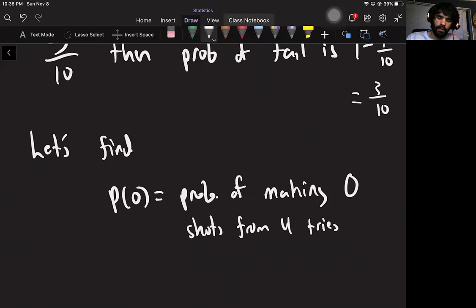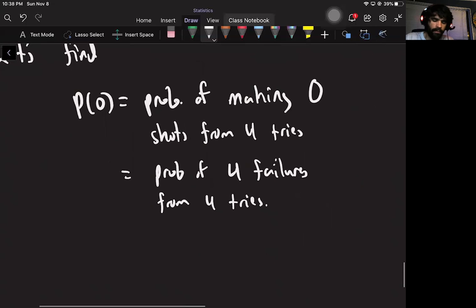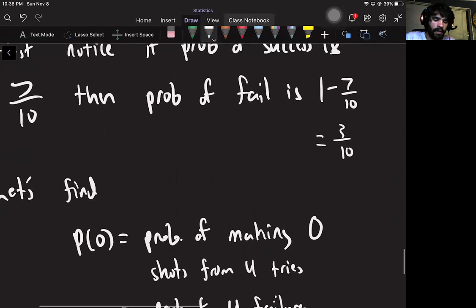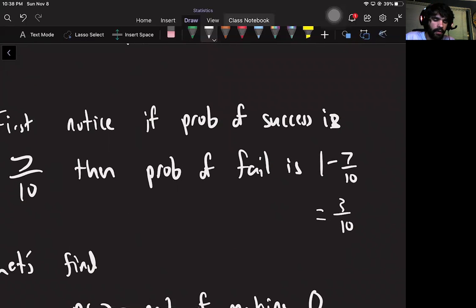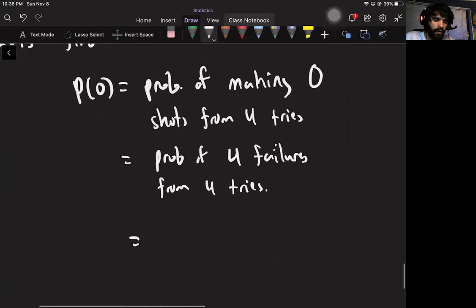But you can also think about this as the probability of 4 failures from 4 tries. And what we're going to do is think about it, because they're independent events, we're allowed to multiply probabilities. Each time I throw the basketball, there's a probability that I make it or that I fail.